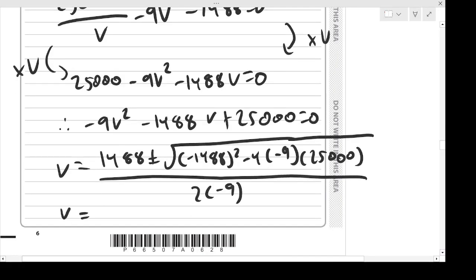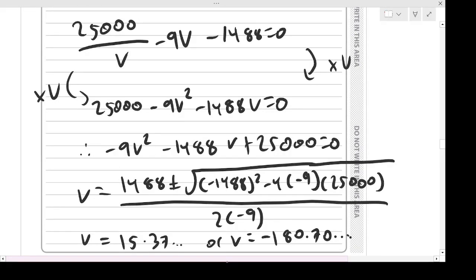Because I show my working, I can just quickly use the quadratic solver function on my calculator. I get V to be 15.37, or V to be minus 180.70.